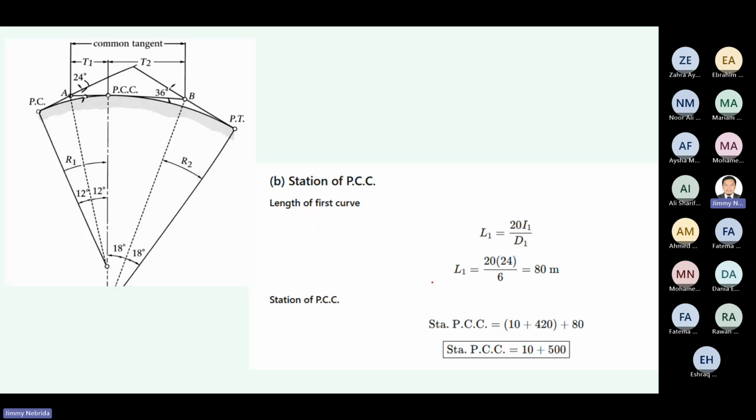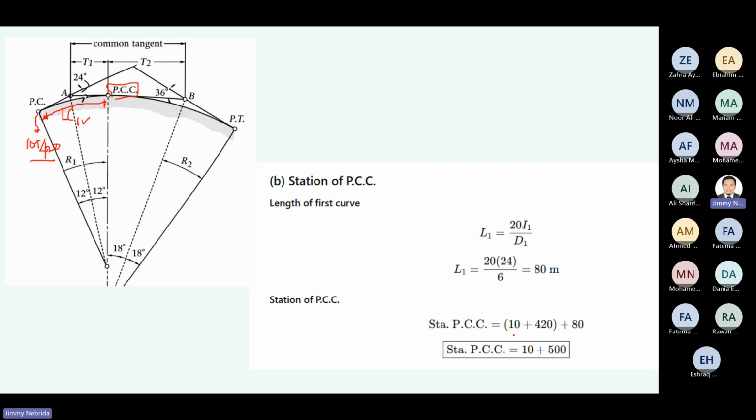Now, station of PCC. Station PC is already given. According to the problem, this is 10 plus 420. Now, this going here is the length of the curve 1. If we can get this one, then we just add the length of curve, then we can calculate PCC.